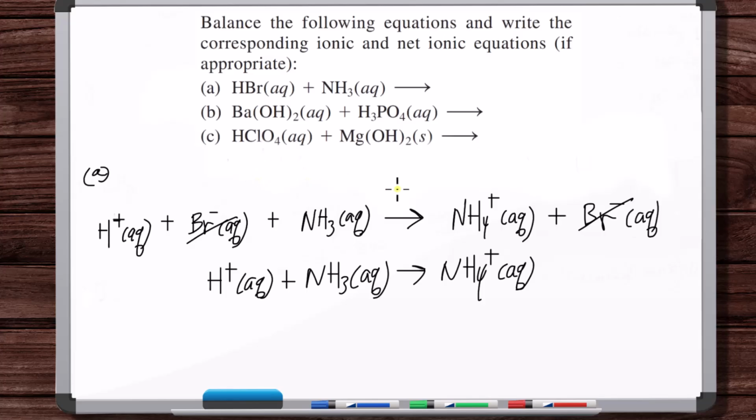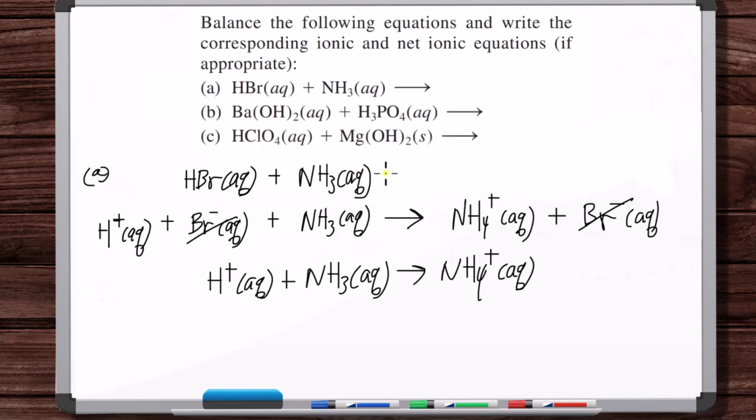To figure out what this is supposed to be, let's remind ourselves of the overarching purpose of the molecular equation, in that it's more of illustrating how the reaction was carried out, what substances were involved. So like in a lab, what solutions did you combine? Well, it was a hydrobromic acid aqueous solution, mixed with an ammonia aqueous solution.